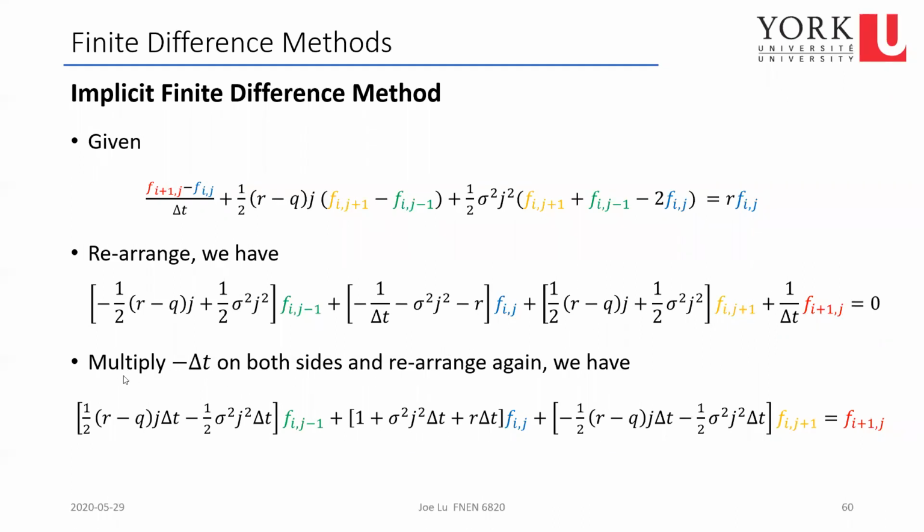Once you have done that, you can get rid of those delta t's at the denominator by multiplying delta t on both sides of the equation. Then you will have this. Essentially, you minus delta t so that this part becomes a positive number. So you get an equation like this.